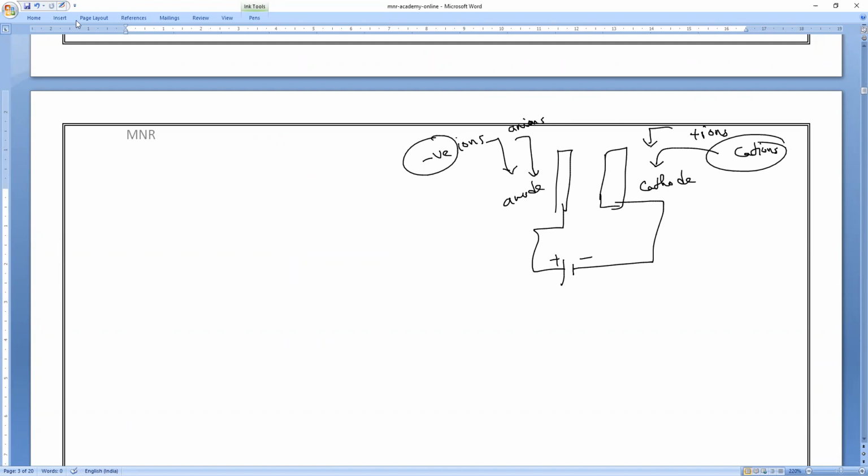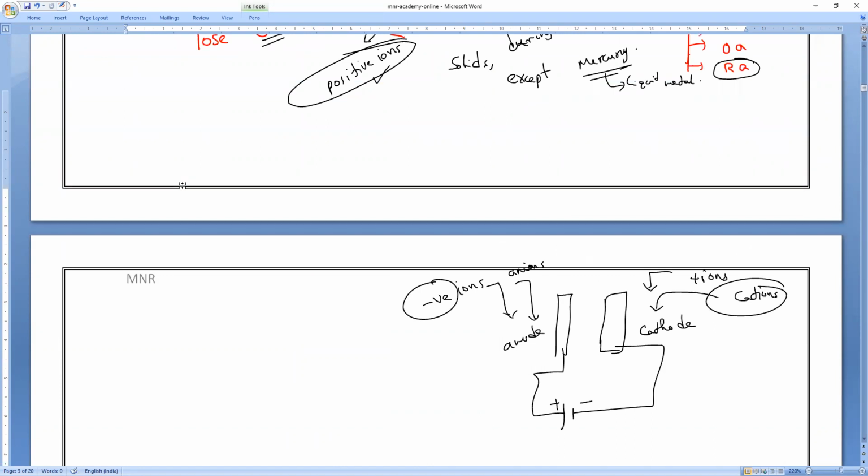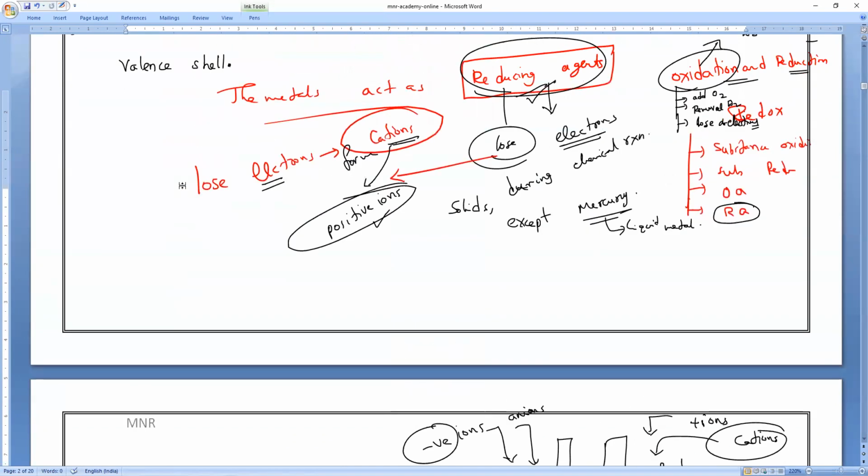That is the interconnectivity. Due to the ability to form cations, metals lose electrons and form cations. Because of this property, they are called electropositive elements.